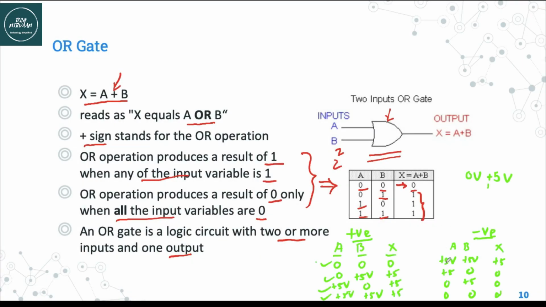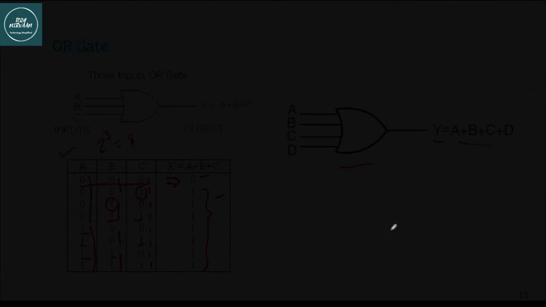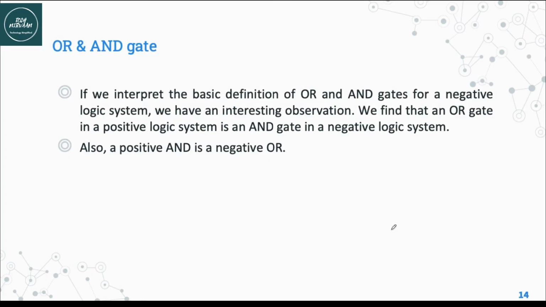When both inputs are plus 5, output is plus 5. When any of the inputs is 0, output is 0. So we can say that OR gate in negative logic system is same as AND gate in positive logic system. OR gate in positive logic system is same as AND gate in negative logic system. So this is quite interesting observation.